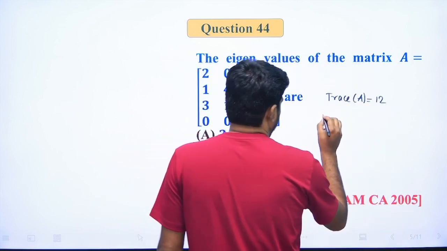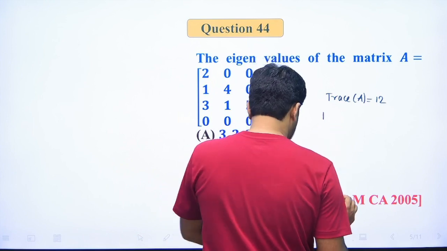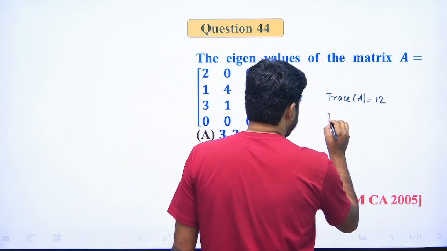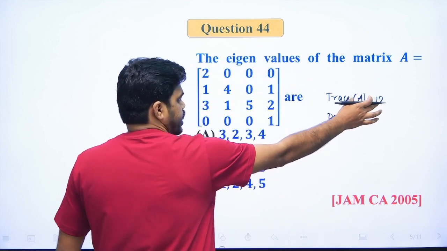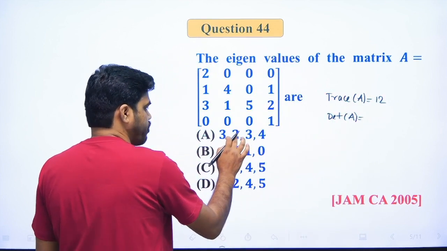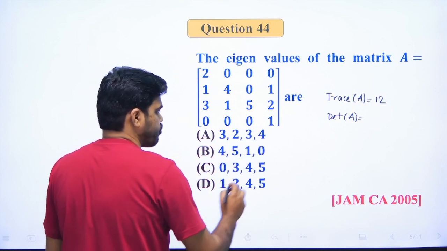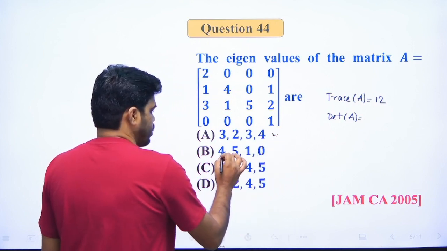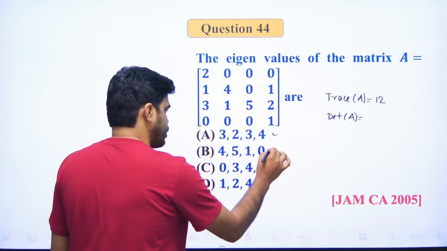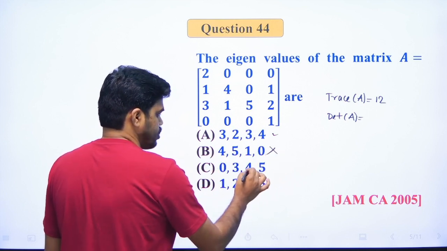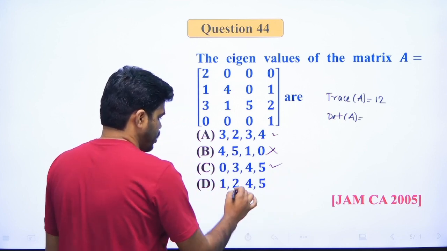And the product of the eigenvalues is equal to the determinant of the matrix. So trace A is 12. So 3 plus 2 is 5, 5 plus 3 is 8, 8 plus 4 is 12. So this is correct. 4 plus 5 is 9, 9 plus 1, this is not true. So this is true, 12. This is possible.